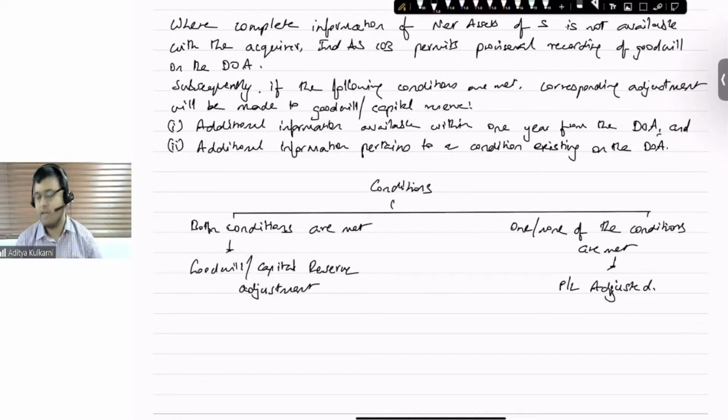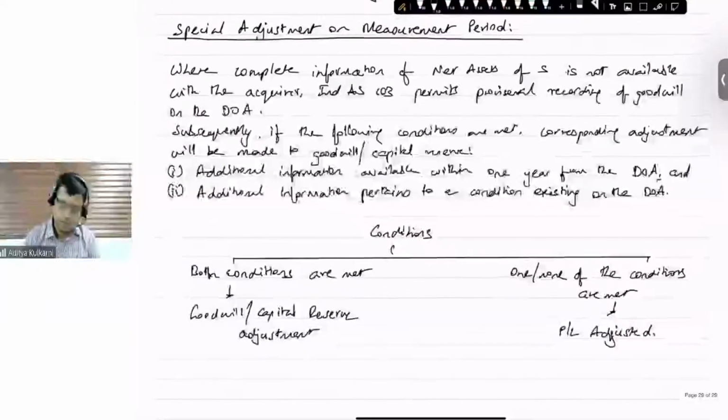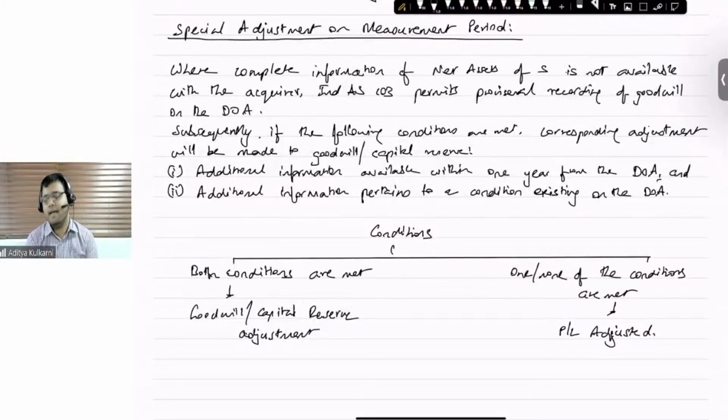Okay. So if this is the case, this is known as your measurement period adjustment. So you look at when you got the additional information, and after that you will also look at whether it pertains to a condition existing on the date of acquisition. You remember this was the case that we used to record adjusting events in your regular IGAAP, as well as the current Ind AS 10, or Ind AS 8.